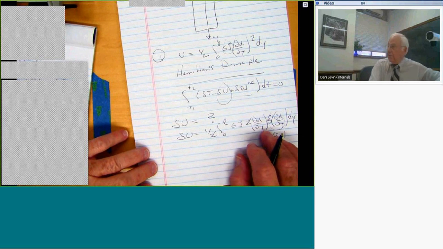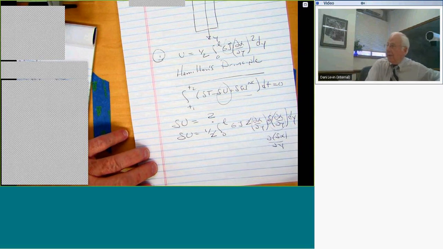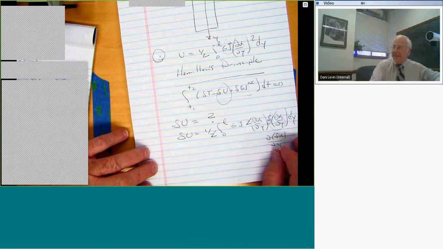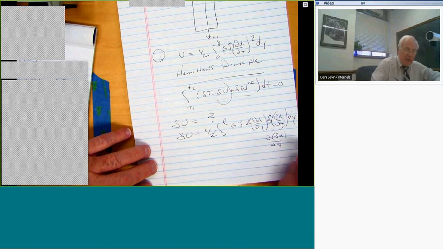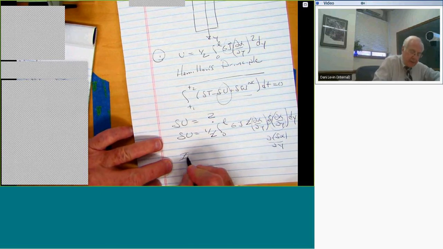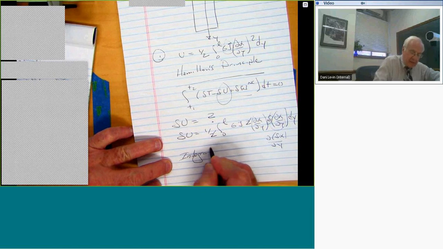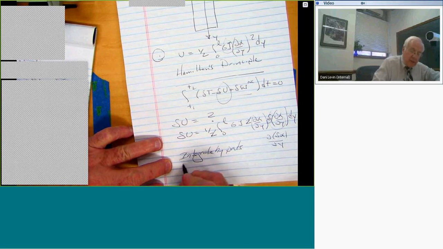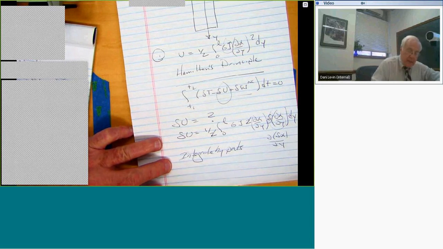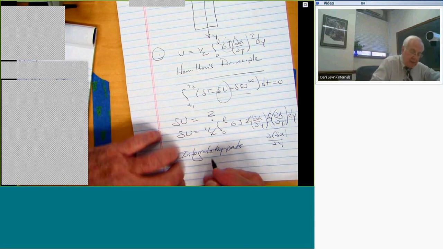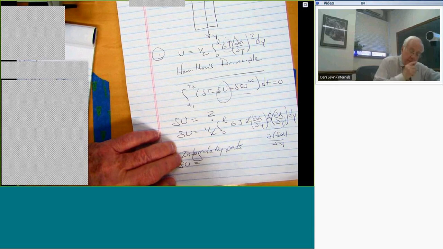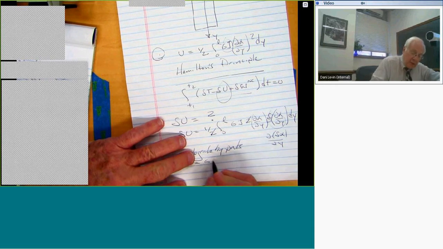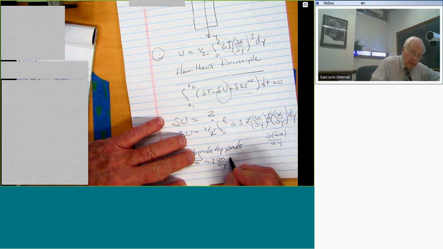But that's not enough. I need to do something more. And what do I need to do more? Integrate by parts. I'm glad you suggested that. So we're going to integrate by parts. Okay. And if I do that, then del U becomes the following. It's going to be Gj d alpha dy times del alpha at the end points.